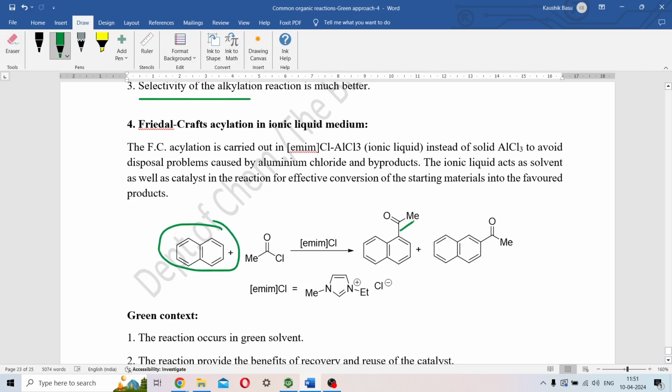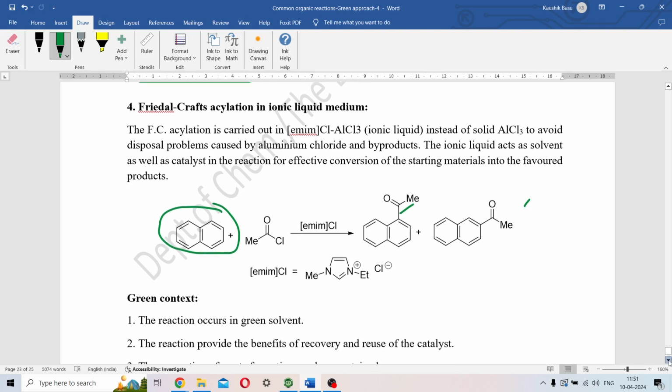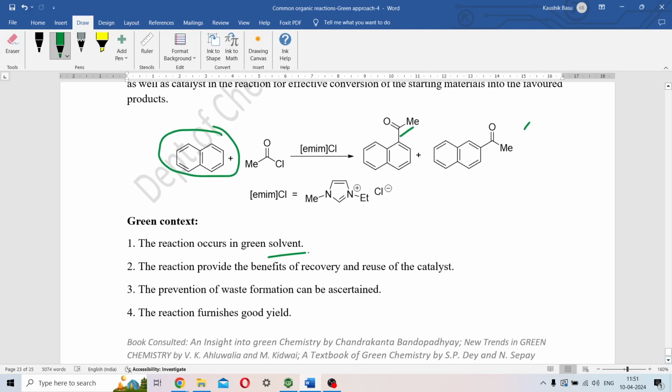We get both the alpha as well as the beta products, and reaction occurs in green solvent. We can recover the catalyst and reuse the catalyst if you use amine chloride as your reaction medium. Waste formation is avoided and the yield of the reaction is very high.